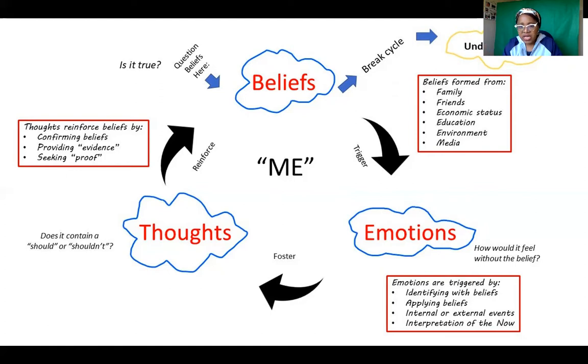And that triggers certain emotions around applying those beliefs. This could be internal and external, but once you believe something, you internalize it. It triggers certain emotions, and those emotions influence your thoughts and your feelings around it. So these thoughts will tell you what you should or should not do. But most of the time, some of these beliefs may not even be true.